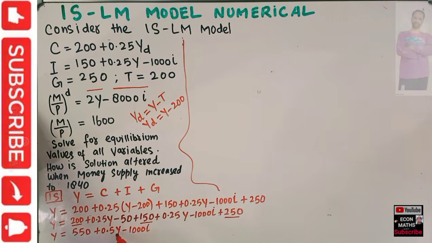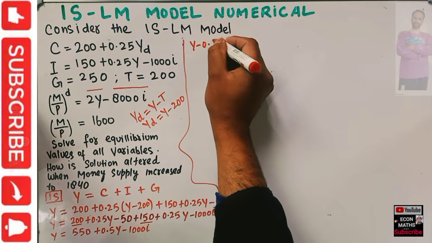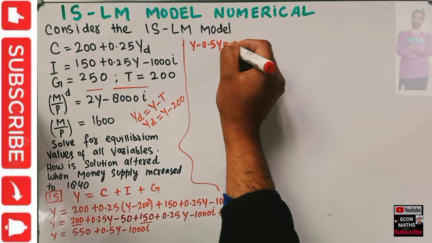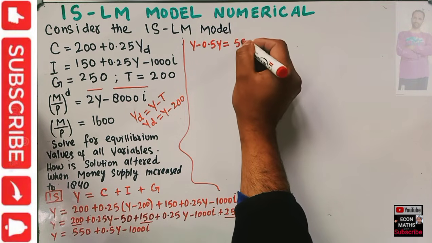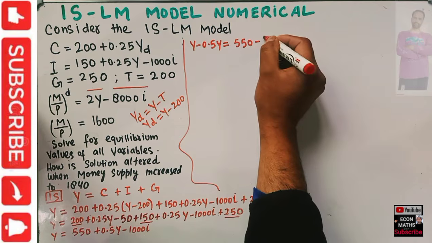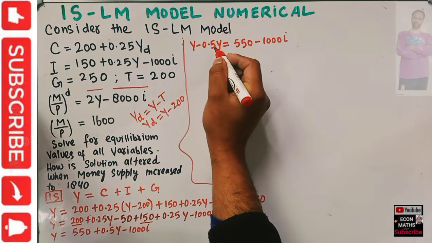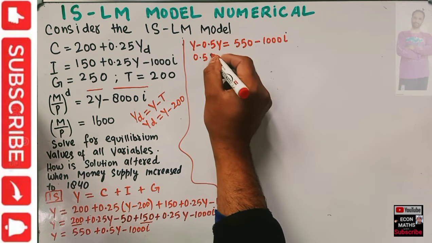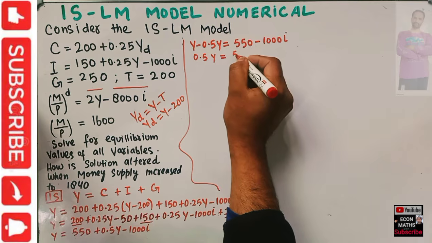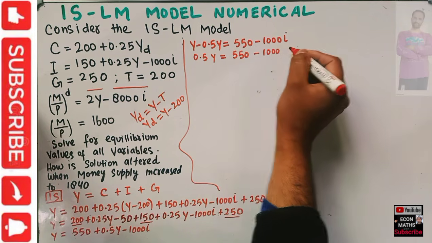Now transposing this 0.5 Y to the LHS, this becomes Y minus 0.5 Y is equal to 550 minus 1000 i. So when subtracting 0.5 from Y, we will get 0.5 Y is equal to 550 minus 1000 i.